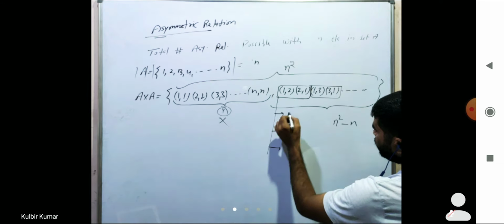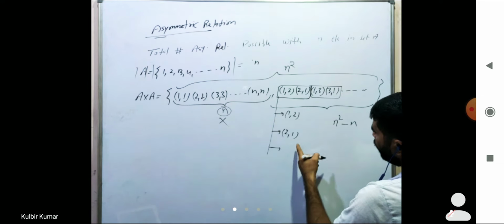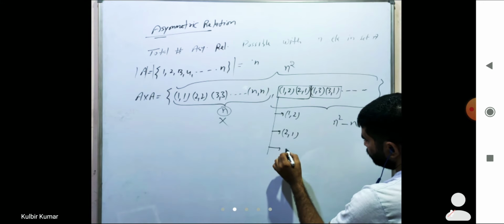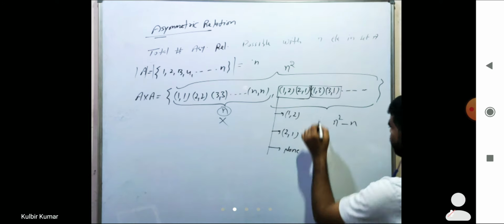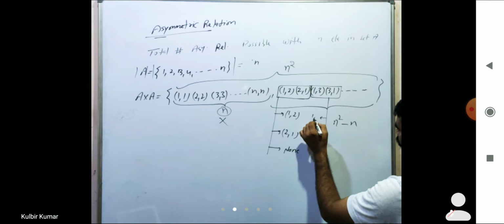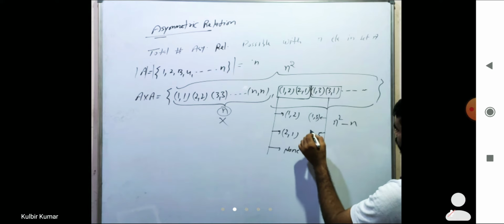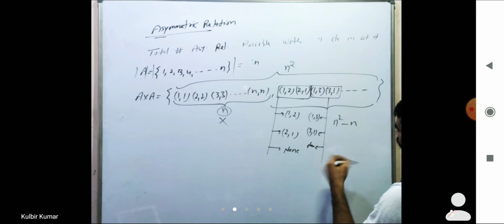I can take either 1 comma 2, or 2 comma 1, or none of these, right? Same thing happens here also. Either I can take 1 comma 3, or I can take 3 comma 1, or none, and so on.